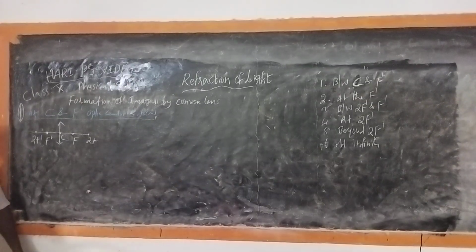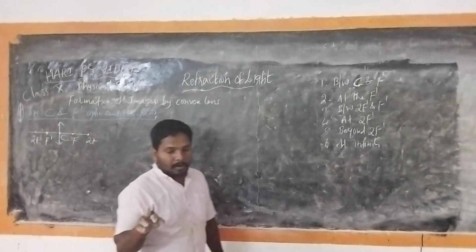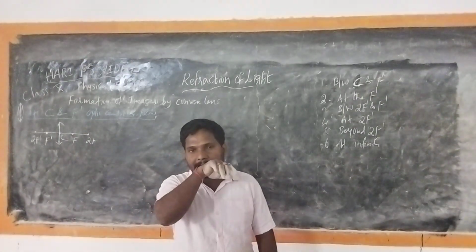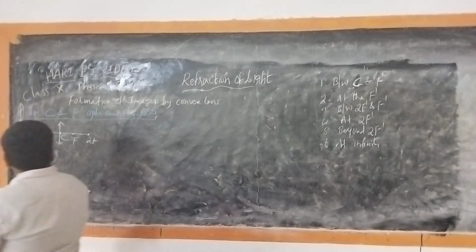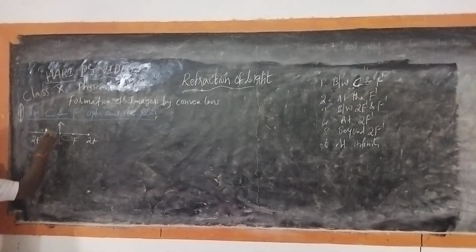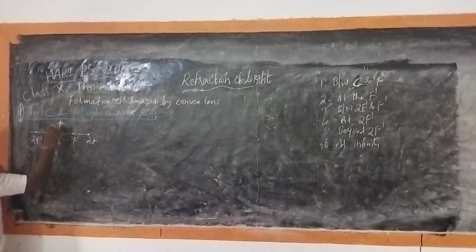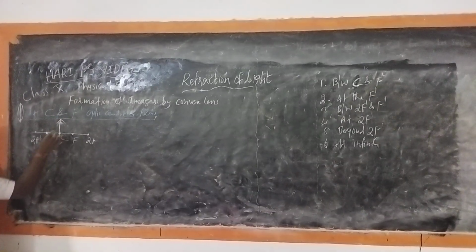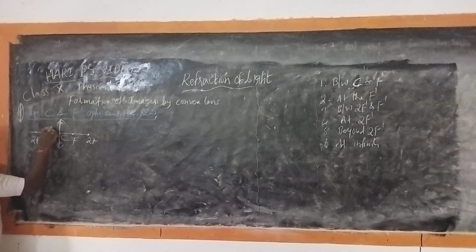To know the position of the image, at least two rays are required. If the object is placed between optic center and the focus, object is placed here.